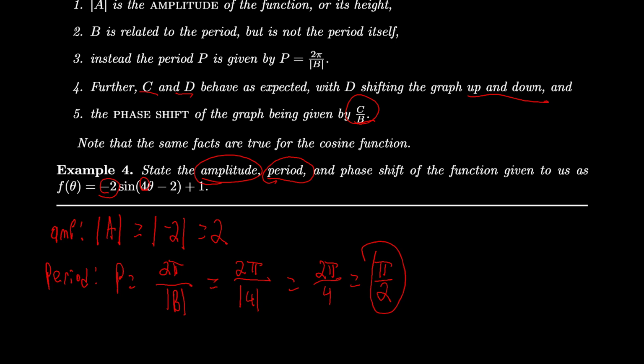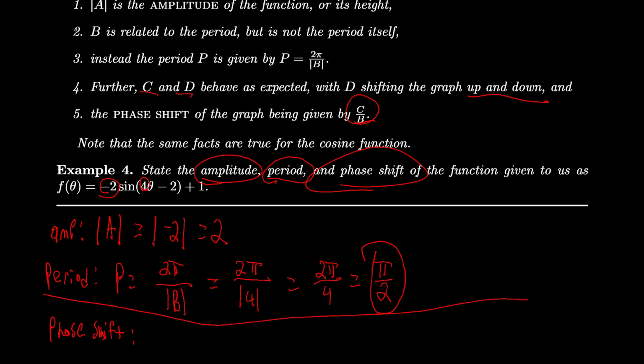All right. But the last thing that I wanted to do here was phase shift. So let's do phase shift. The phase shift is always just going to be C over B. Now remember, and try and be careful with this, the normal version of this has a minus in it, which means that your C in this case is positive. So it's 2 over 4.